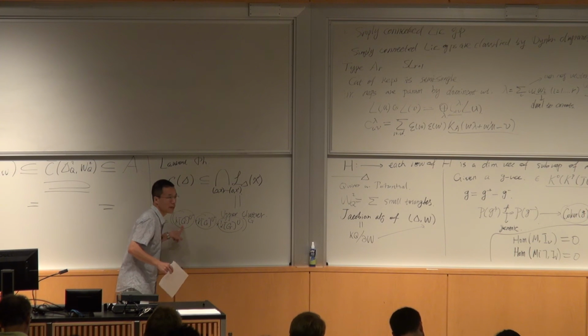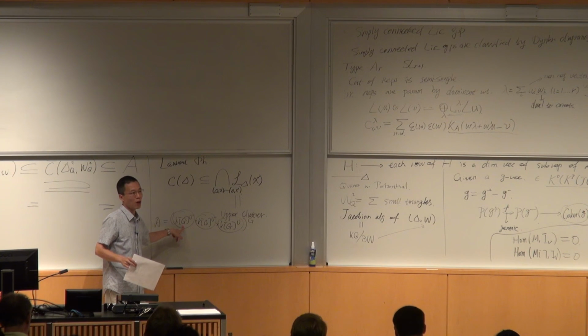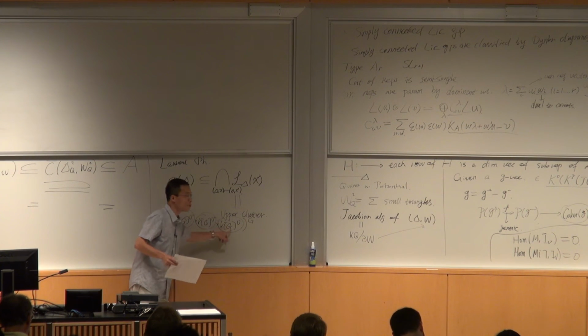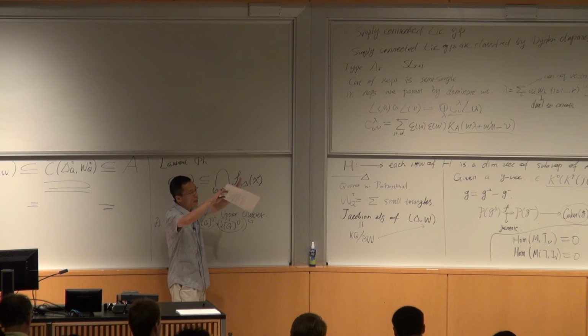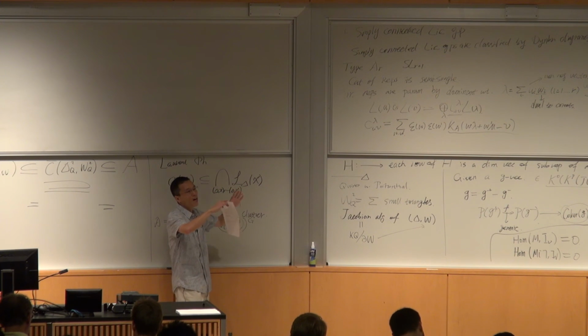Each point here is a so-called affine flag, or base affine flag. The three flags are in generic position, which means you take a stack, you take a generic part, and it happens to be a variety.